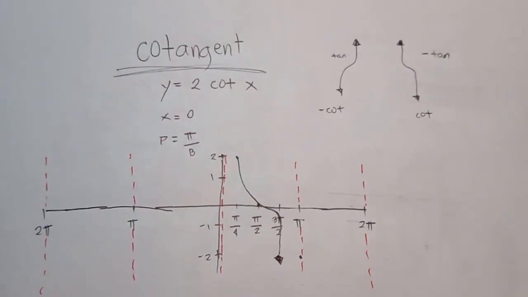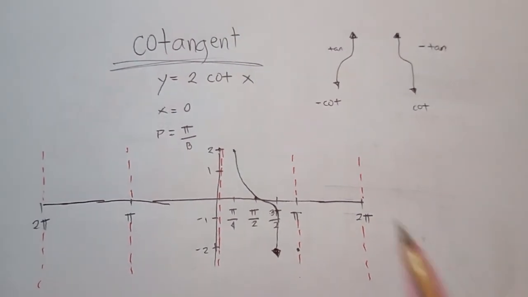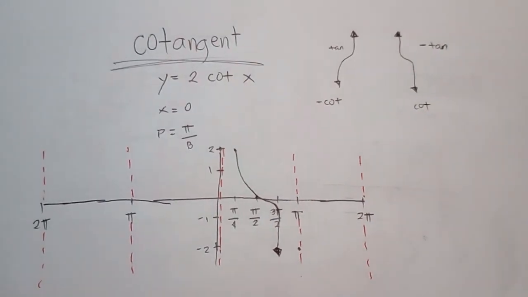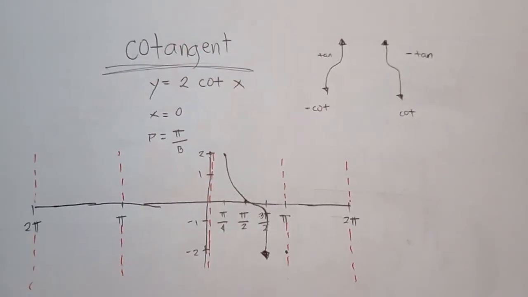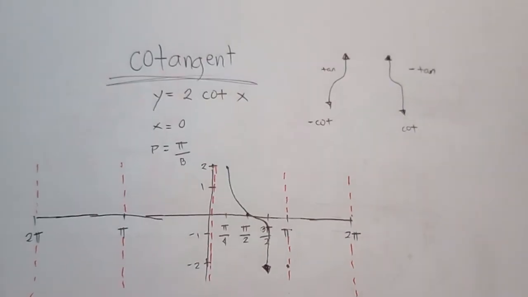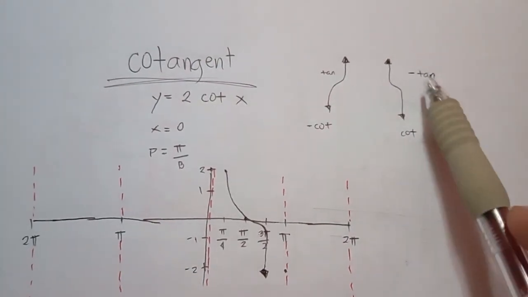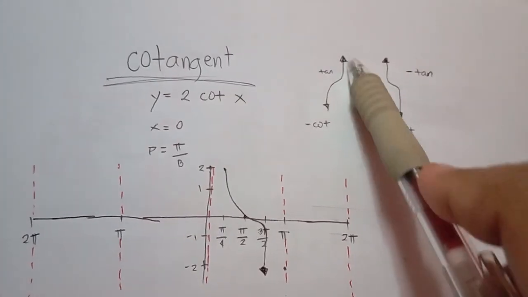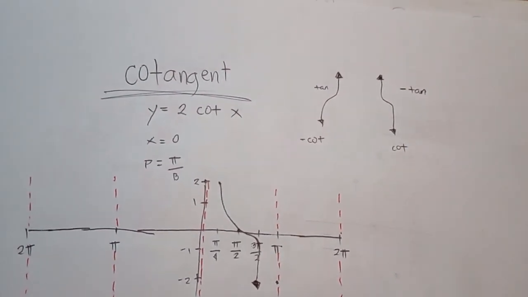Let's graph the cotangent. Our example is 2 cotangent x. Now we know tangent is an increasing function. So this is the positive tangent and the negative tangent, the increase and the decrease. Negative tangent is a decreasing function.